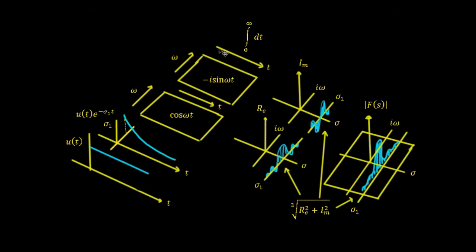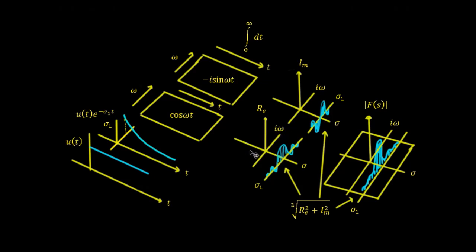And then we integrate both the cos omega t and the minus I sine omega t with respect to time. So when we integrate it in this direction, this cos omega t will provide us the real part of the Laplace transform, but it will only do it for one particular part of the Laplace surface. So the Laplace surface here is a complex surface, so we're going to have an I omega and we're going to have a sigma.